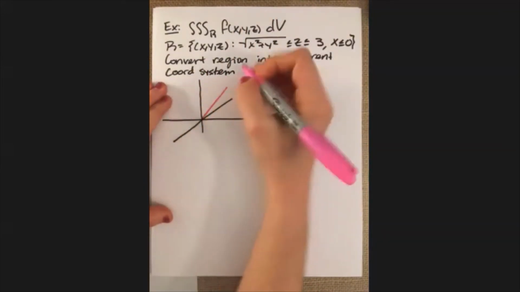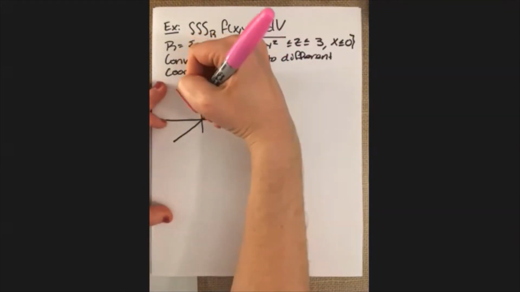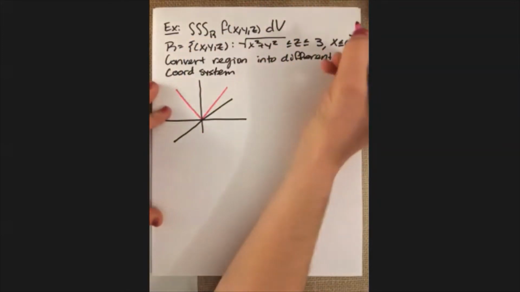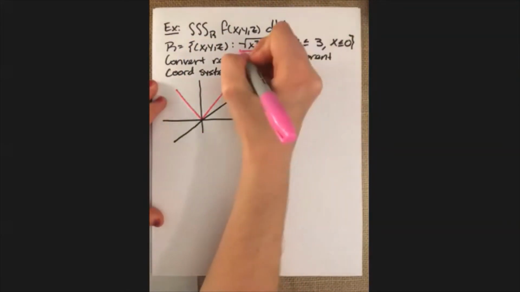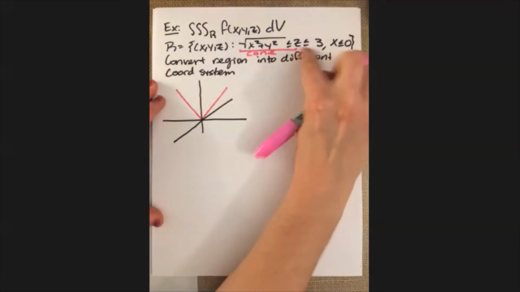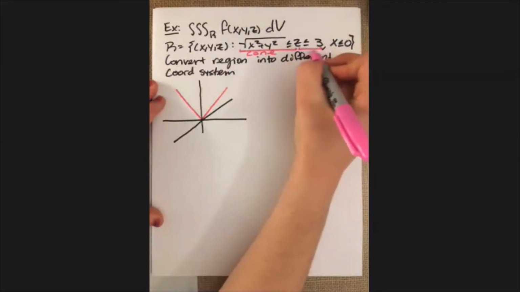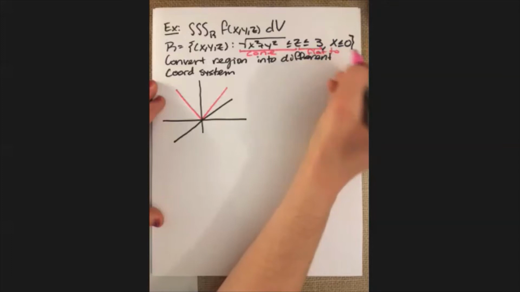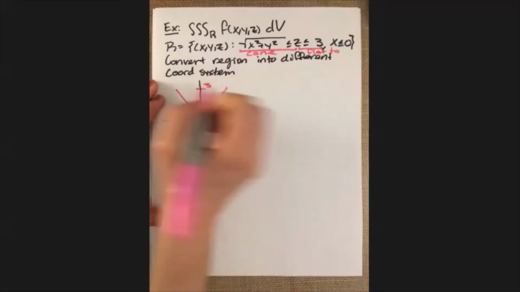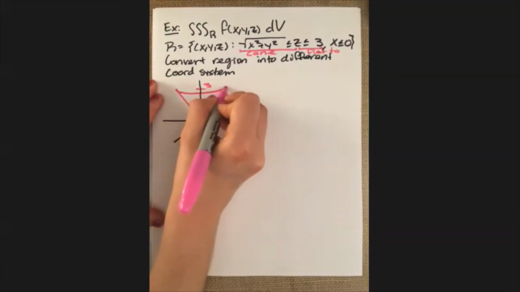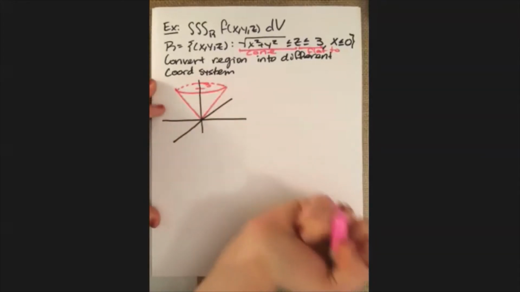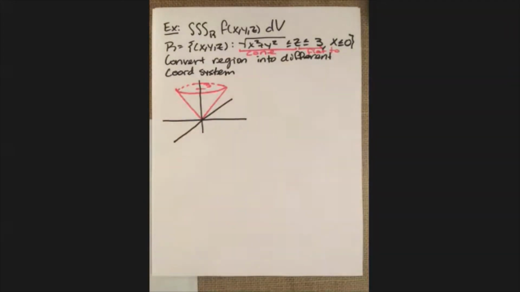And since it is less than or equal to z, we know that we want the inside of the cone. And we know that it's less than or equal to 3. So that means that we have a flat top. Okay, so we want to cut off our cone at z equal to 3. So it's going to look something like that. So that's the region that we are looking at.